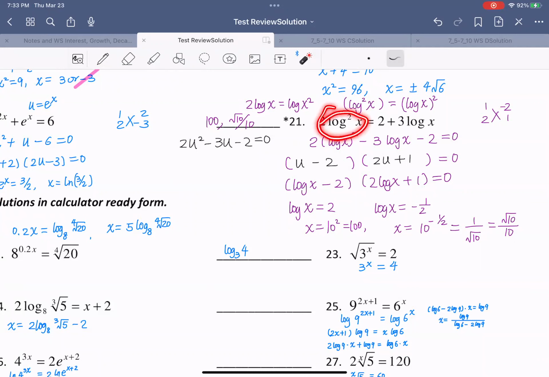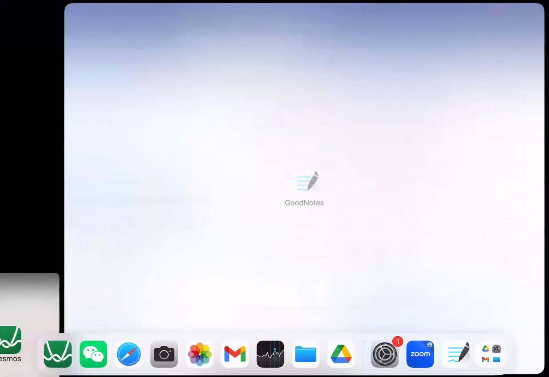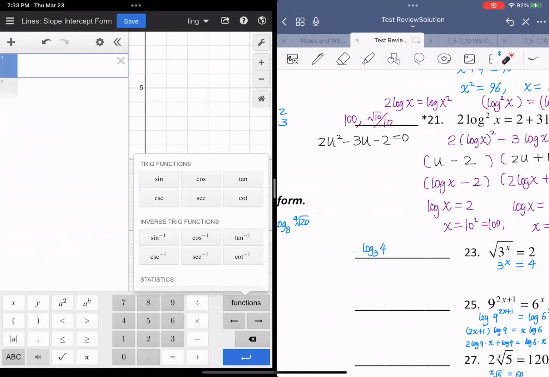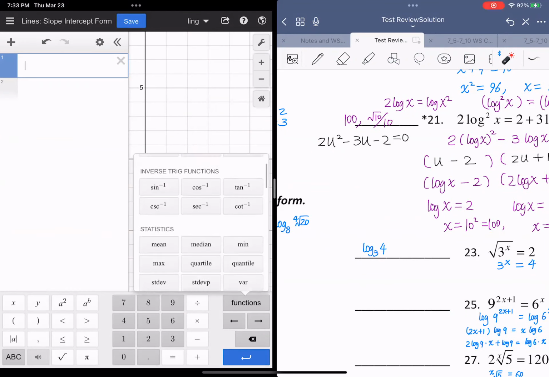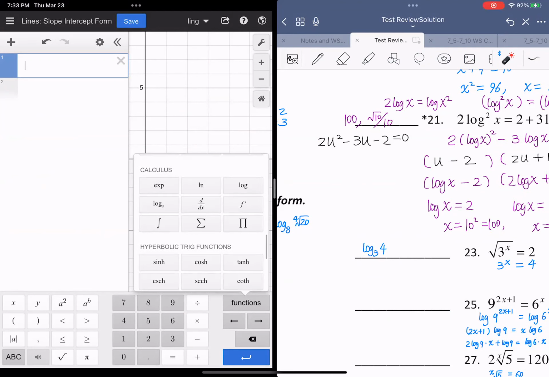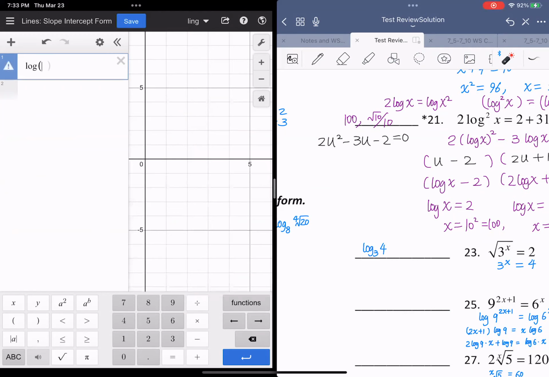This symbol is something new. If you never saw this before, make it clear. These two are totally different. Don't get confused. So if you have log, this is log base 10.